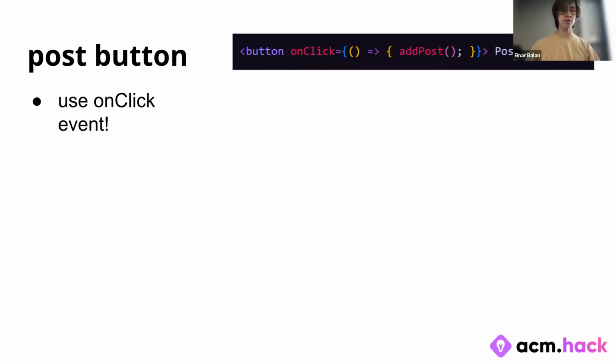All that means is that it's going to call it infinitely, and we really don't want that to happen. So here we're going to pass it as a reference to an anonymous arrow function, and all this does is stop add post from getting called infinitely many times. This can cause a lot of undefined behavior. It can cause infinite rendering and cause React to crash.